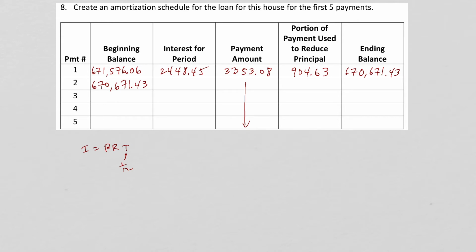So we'll start at $670,671.43. And the interest is $2,445.24. We're using the same formula. So we subtract and get $907.92, and our ending balance is $669,763.51. So we'll start with that.